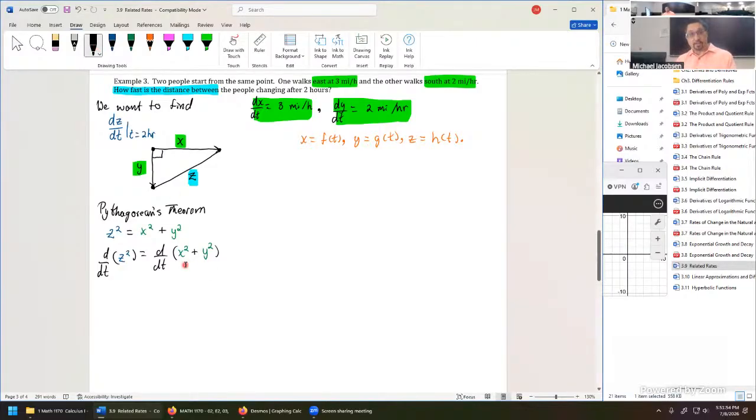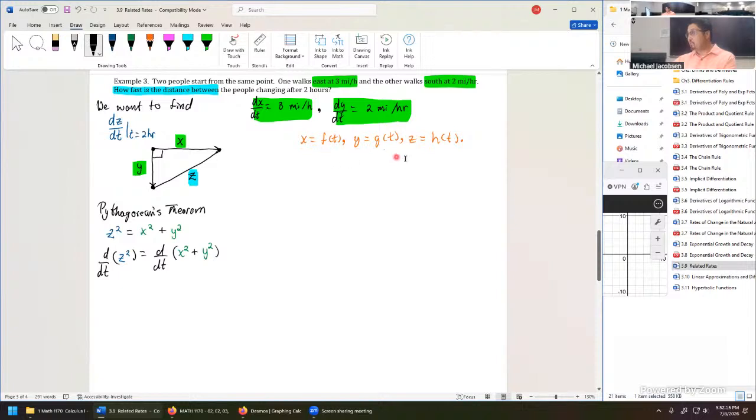But this is where it gets challenging because it's not a standard derivative. This is not d/dz. If that was d/dz, that would just be 2z, and the whole story is over. Likewise, this derivative is not d/dx, and if it was, it would be just 2x, and nothing further to say. These derivatives are d/dt.